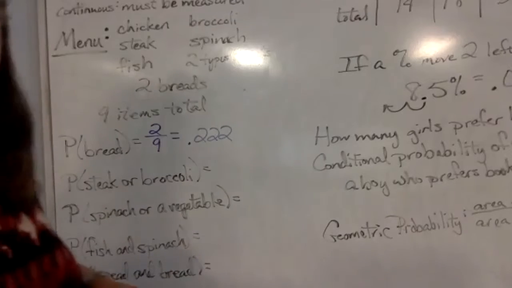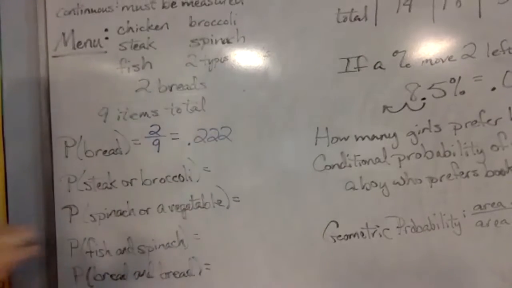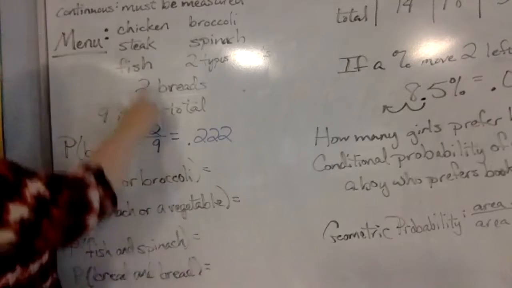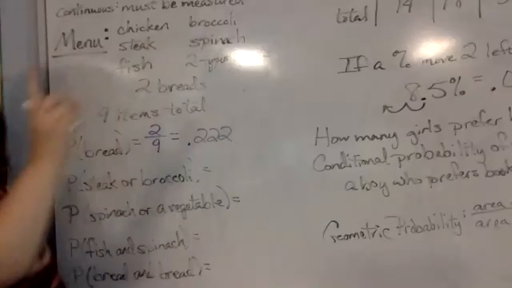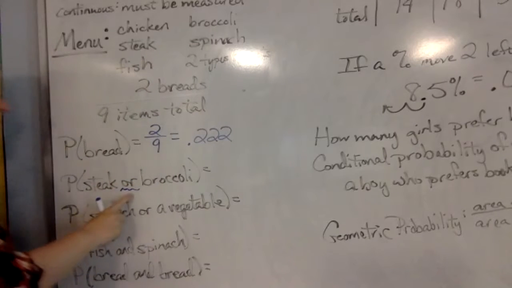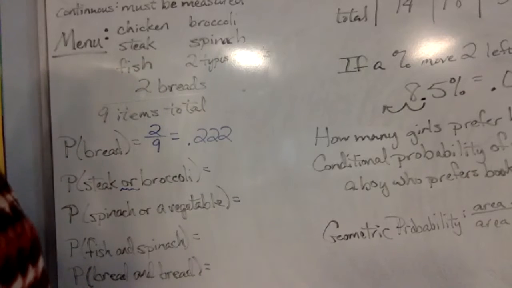Now, on the next one, it says probability of choosing either steak or broccoli. So you only have one choice of steak. You only have one choice of broccoli. But it has the word or. When it has the word or, do we add the things together or multiply them together?